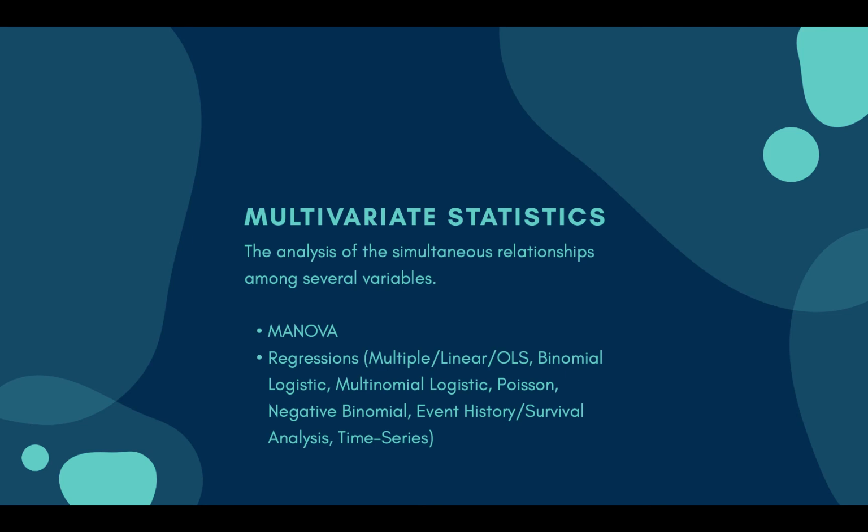Event history means the time until an event happens, or the rate of failure or success of an event. And time series is essentially a correlational look at how time affects relationships. And that is it. So now we know the various quantitative data analysis strategies.